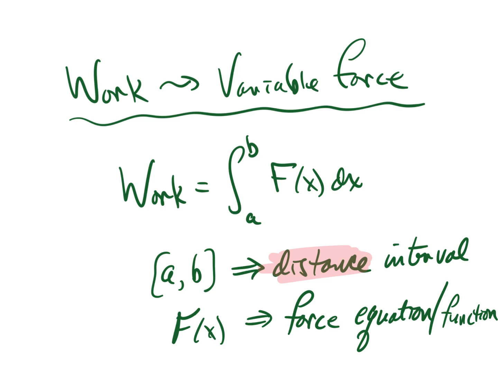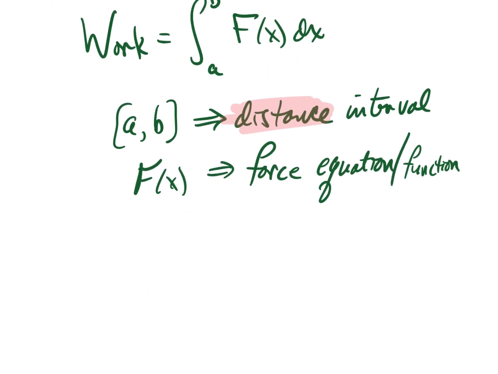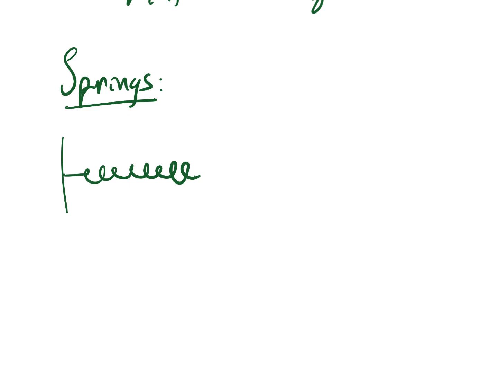And now we're just going to look at another type of work situation. All right, and that is going to be dealing with springs. So the idea is if I try to draw you guys a spring, if you think of that as a spring and it's in its rest position, we're not compressing it, we're not stretching it out, but there's our spring.